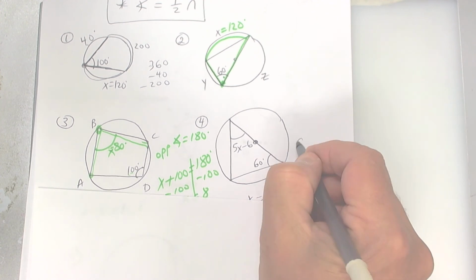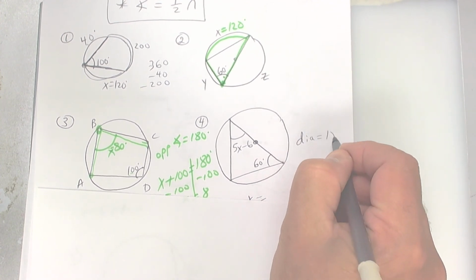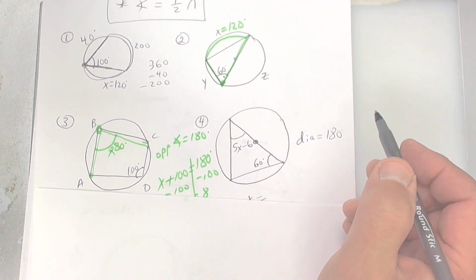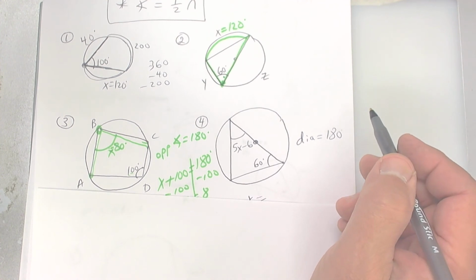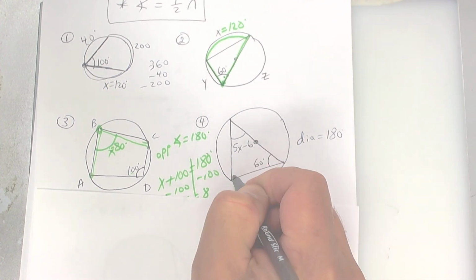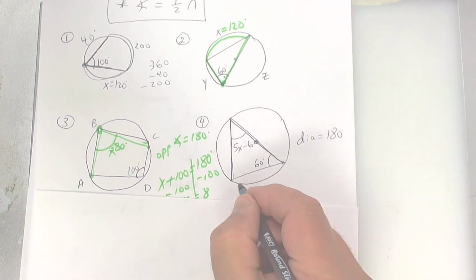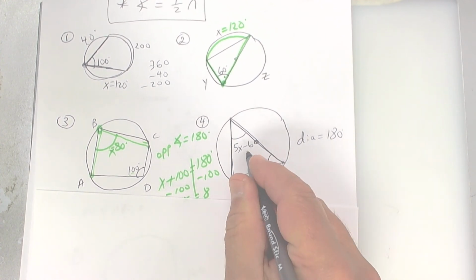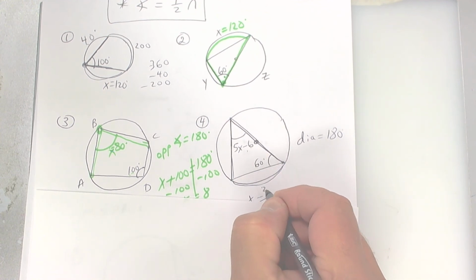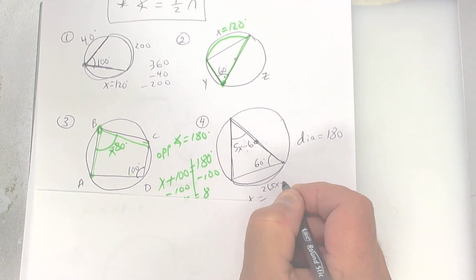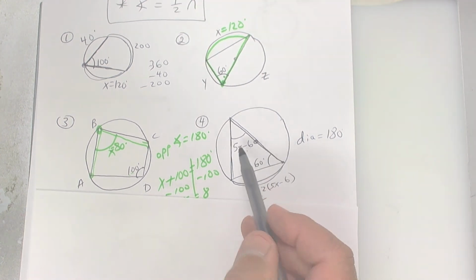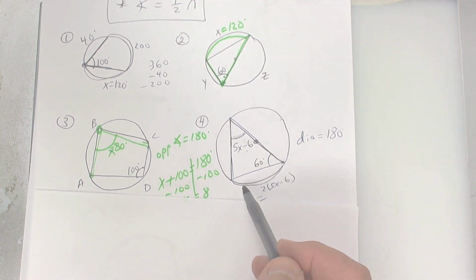You know that every diameter is equal to 180 degrees because it's half a circle. Now watch how I do this. I double this arc right here, this angle. I'm going to double that. So this arc right here is going to be twice this. So I'm going to put 2 times 5x minus 6, right? Because you got to double this to get the arc.